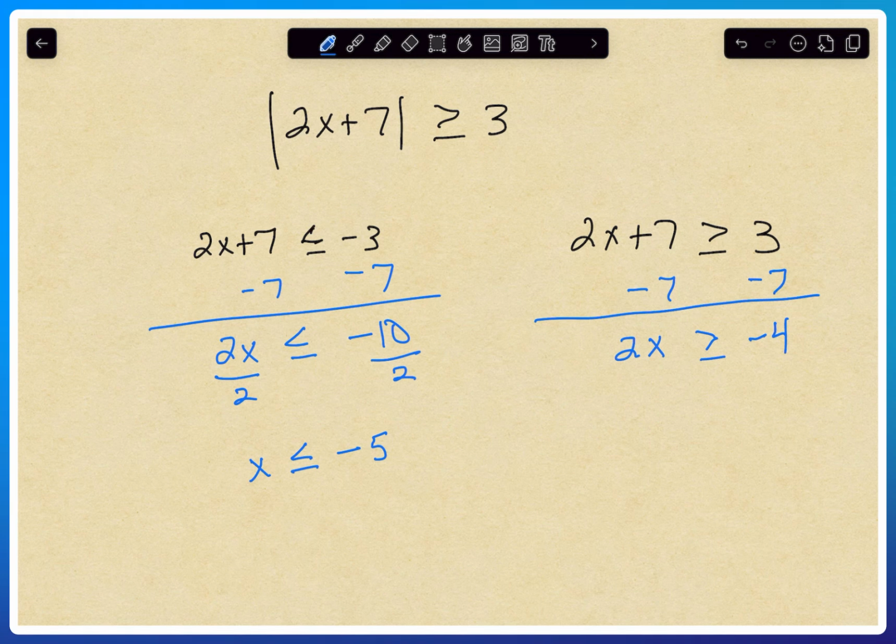Now, if we divide both sides by 2, this becomes x is greater than or equal to minus 2. Now, if I had divided by a negative number, I would have reversed the inequalities, but I didn't. So everything was done by positive numbers. So that's all we had to do.